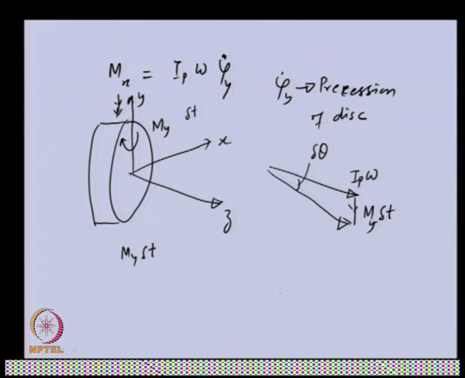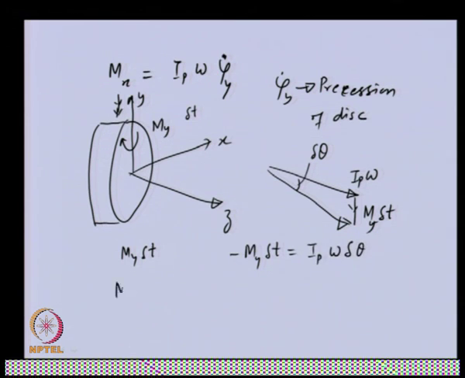From this vector diagram we can see that the change in angular momentum is in the negative y direction, but the tilt is in the positive x direction. So when we balance this change in angular momentum, it should be negative, because it is in the negative direction, and it should be equal to I p omega delta theta.